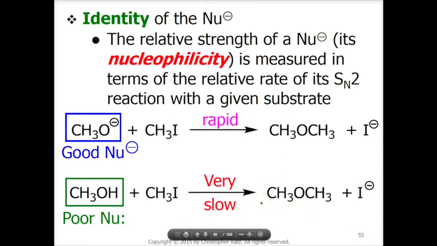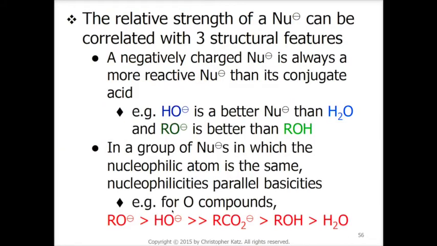But there's no overarching need for it. Yeah, there is a partial negative on the oxygen and a partial positive on the carbon-iodine bond here, but it still doesn't have the urgency of a good alkoxide nucleophile.